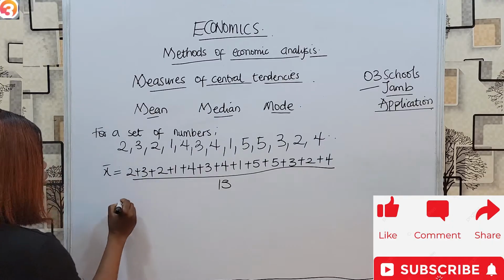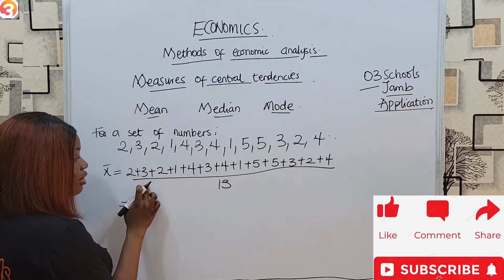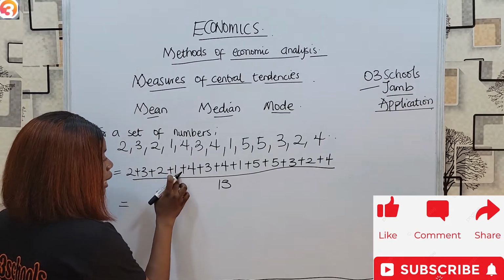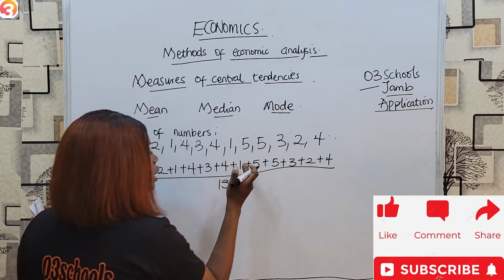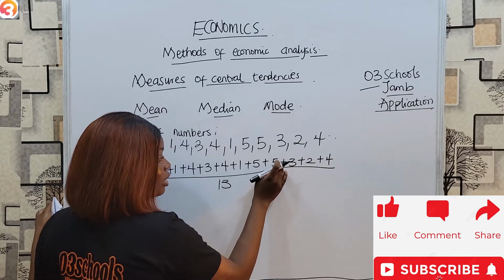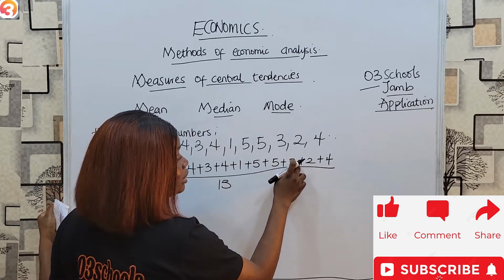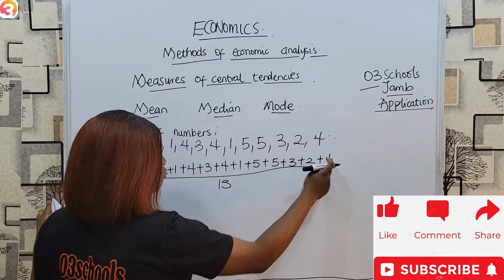Now let's do the addition. You can use your calculator, but since I don't have one with me, 2 plus 3 is 5, 5 plus 2 is 7, 7 plus 1 is 8, 8 plus 4 is 12, 12 plus 3 is 15, 15 plus 4 is 19, 19 plus 1 is 20, plus 5 we have 25, plus another 5 we have 30, plus 3 we have 33, plus 2 we have 35, plus 4 we have 39.